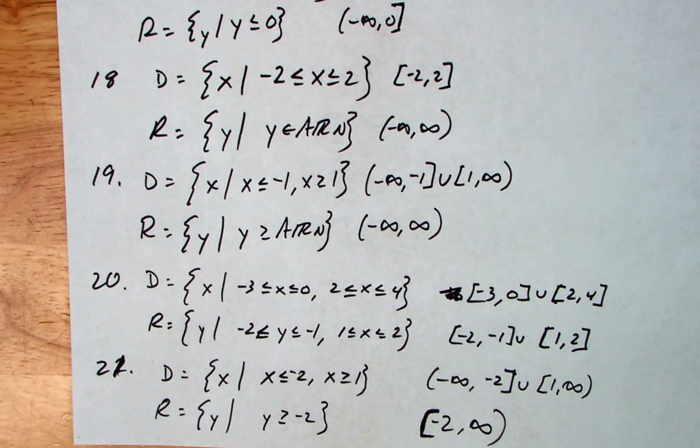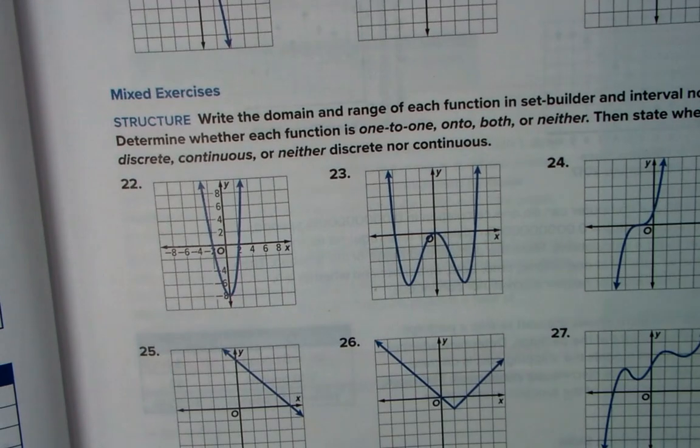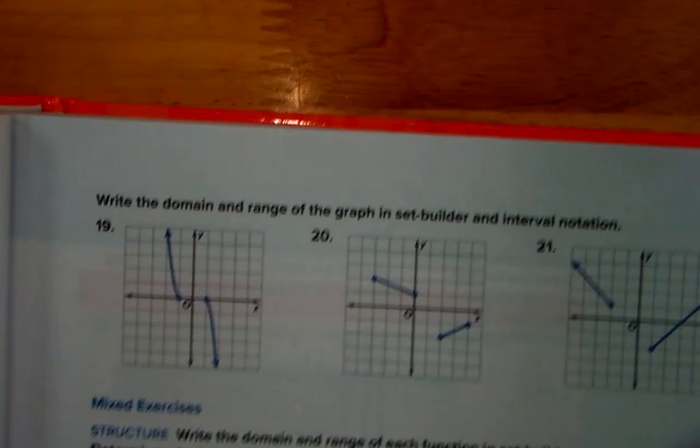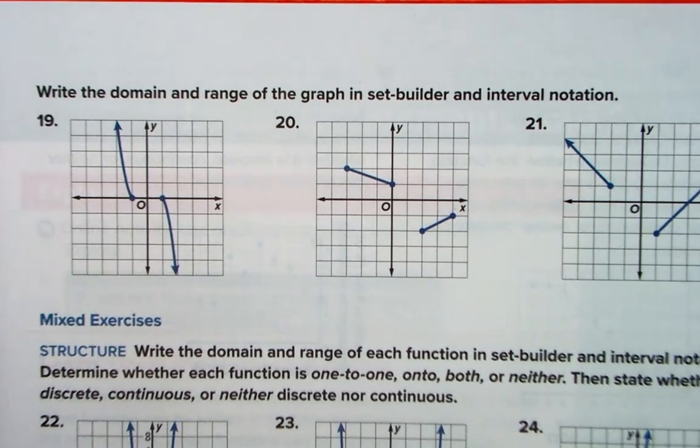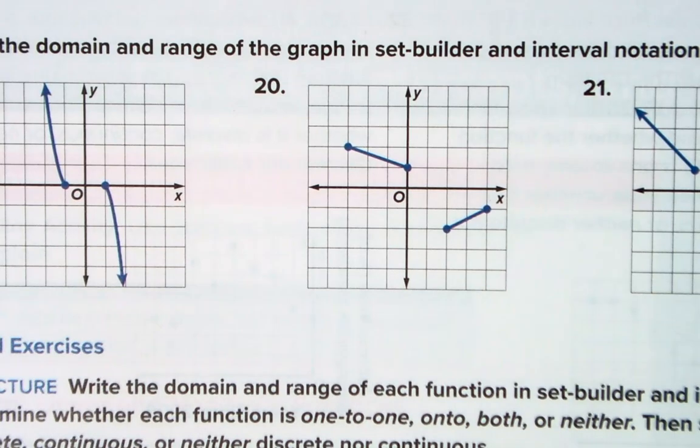I am going to talk about number 20 real fast because I've kind of hit upon something that seems to be working with some people that nothing else was working with before. If I'm trying to describe the domain and range on 20, we can just scan it.